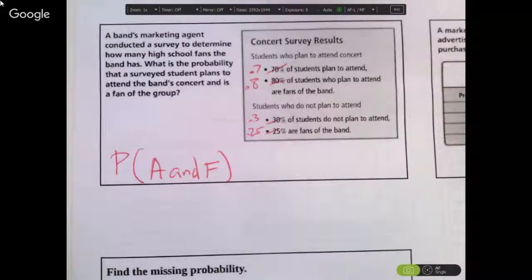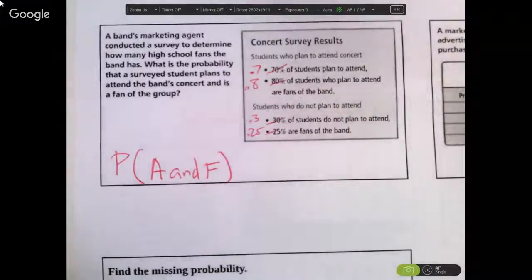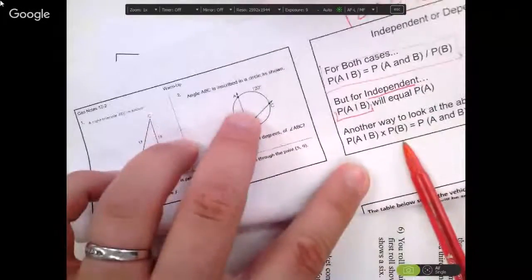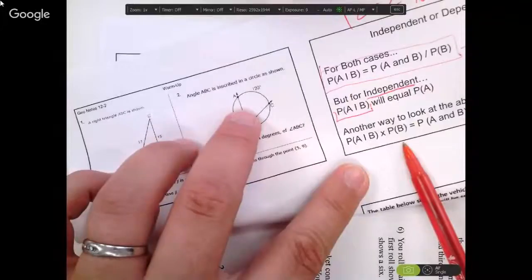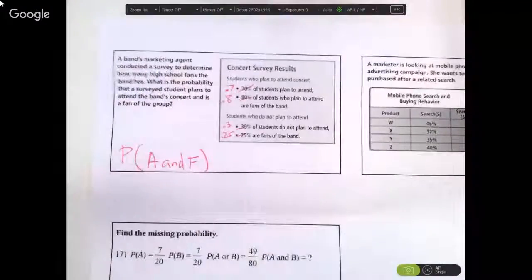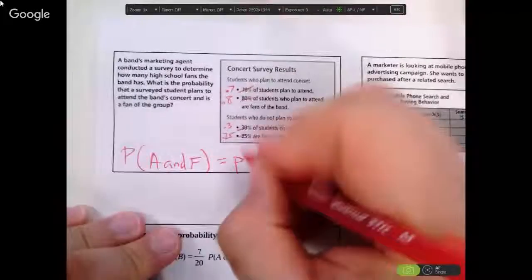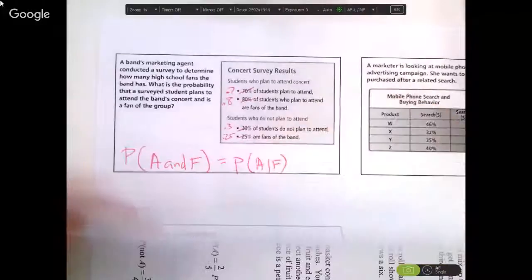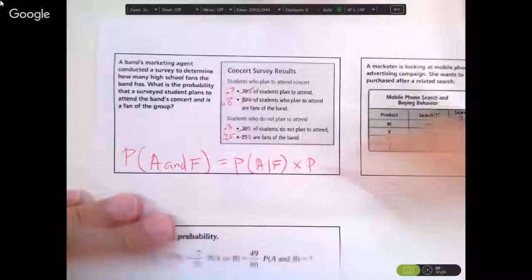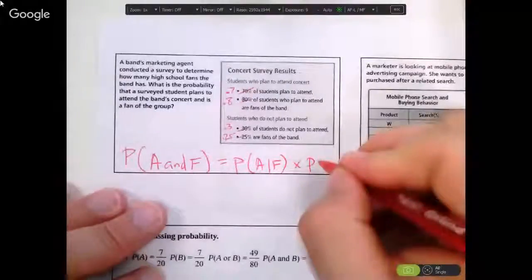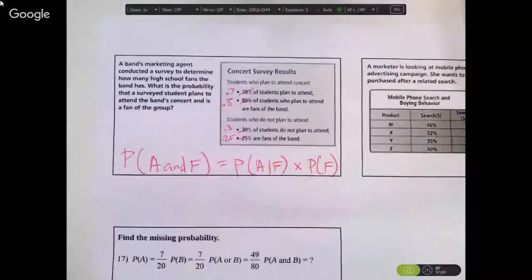Let's look at the formulas. The formulas are going to help us through this. The formula that I'm using says it's the probability of A given F times the probability of F. That's the formula I'm going to try to use.